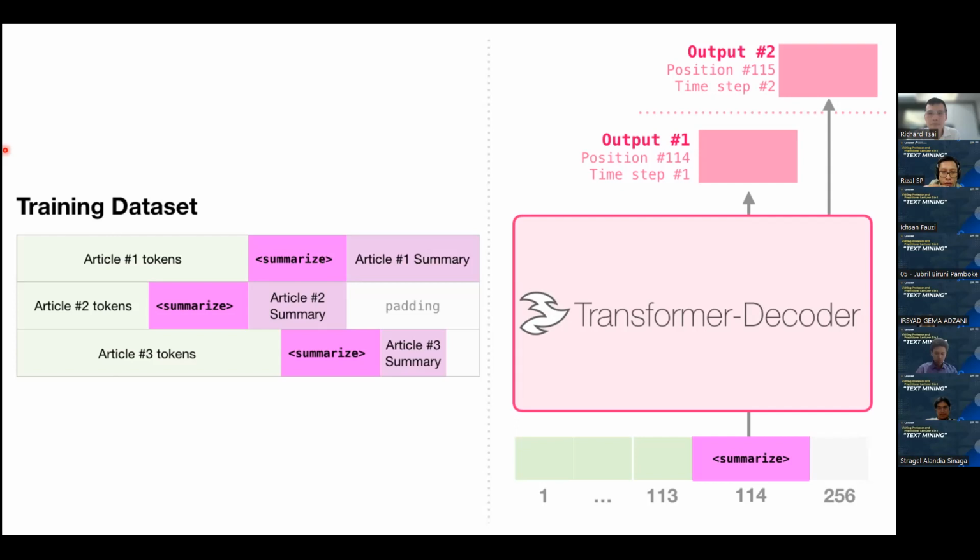I think, in your opinion, what should we do as researchers to generate a better model? Should we just use the existing dataset, or should we try to collect more?